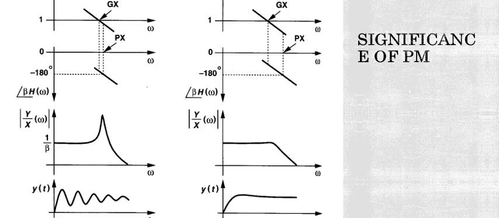So in this case, whenever the phase margin is small, we have the magnitude of the closed loop response showing some kind of resonant peak at some resonant frequency, and this frequency is equal to our omega gx.